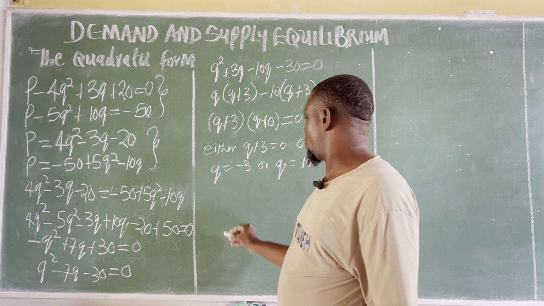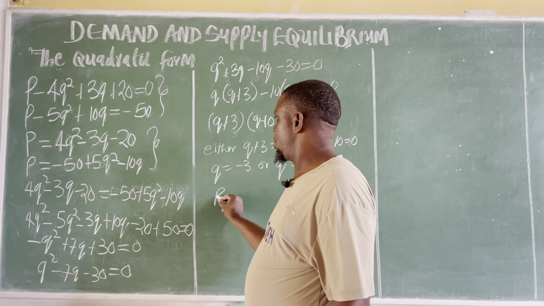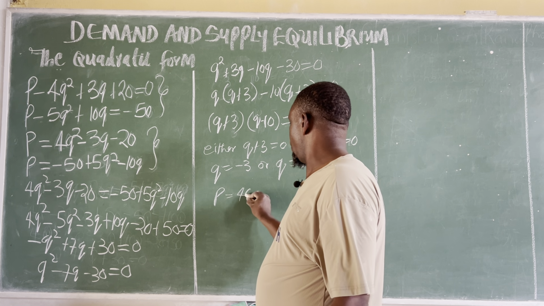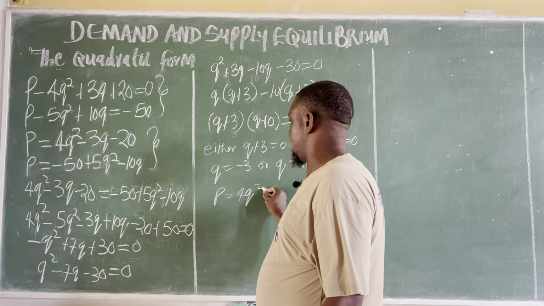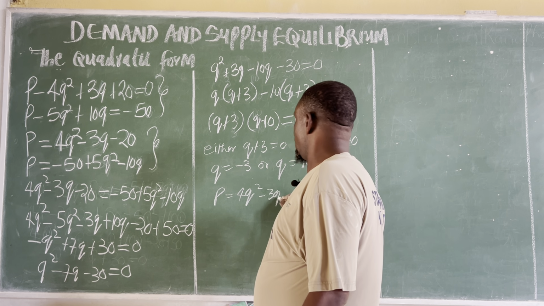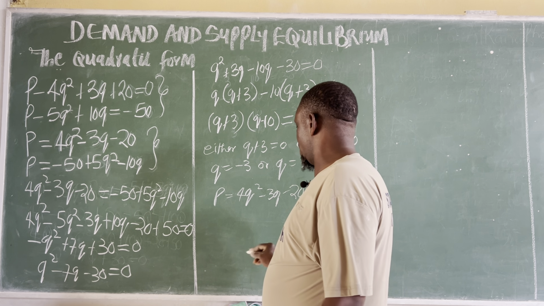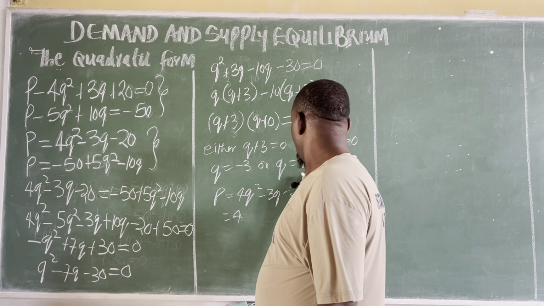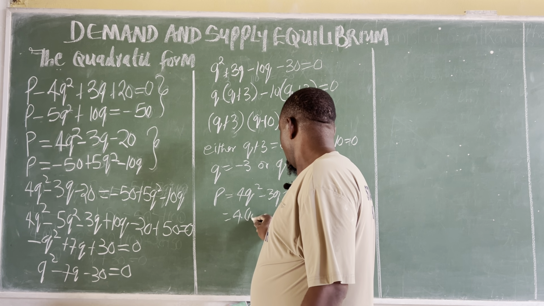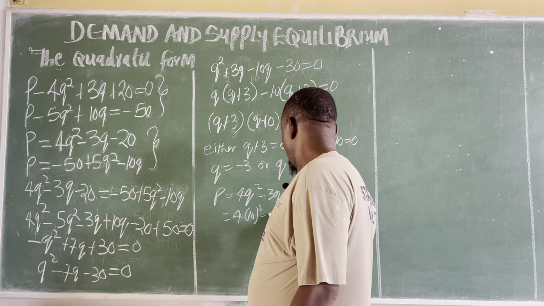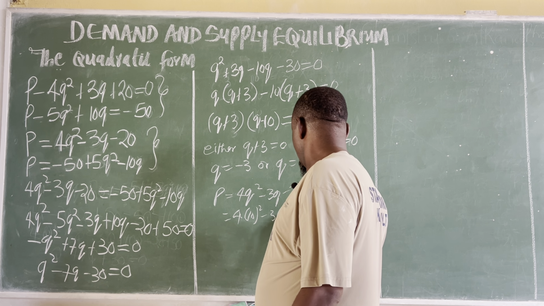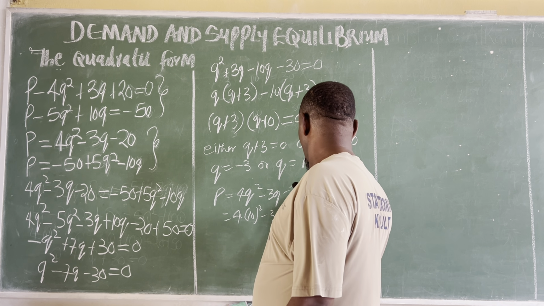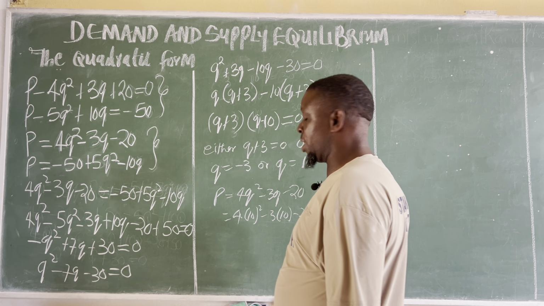So we'll bring the first equation where we have P is equal to 4Q squared minus 3Q minus 20. And so this will be equal to 4. Our Q we computed as what? 10 squared, minus 3. Our Q again is 10, minus 20. Okay?